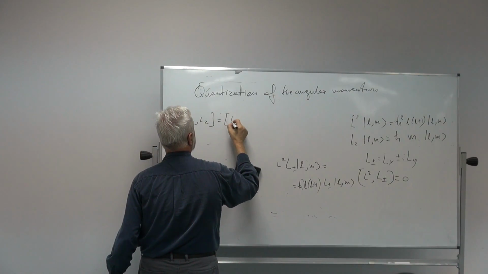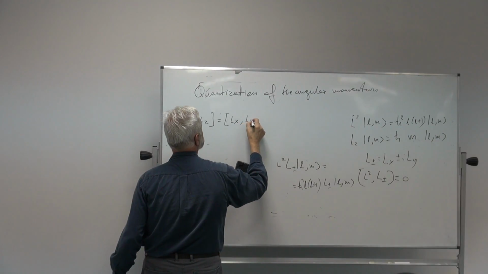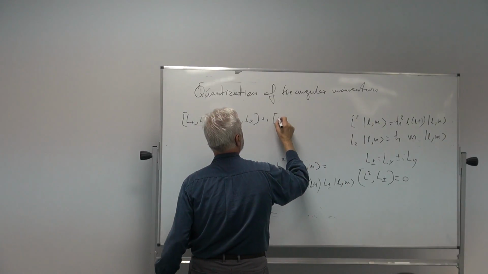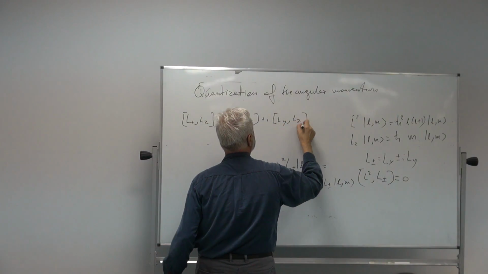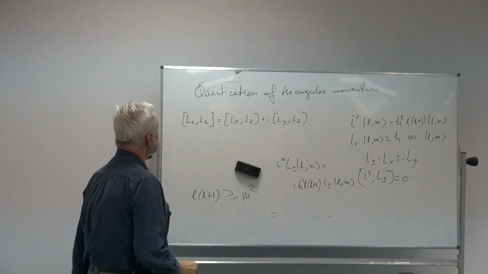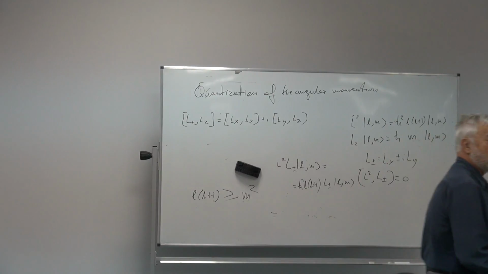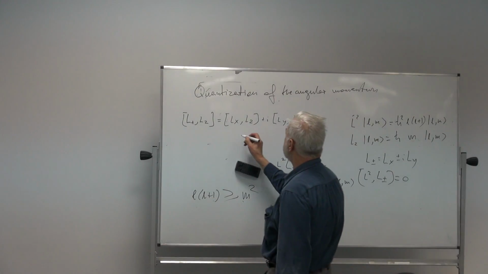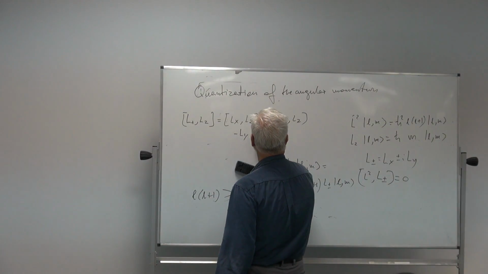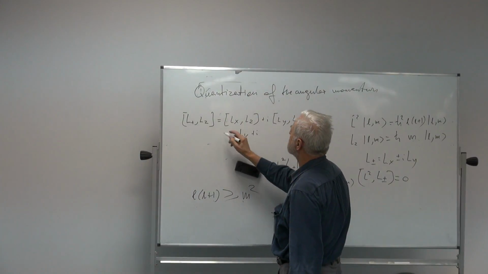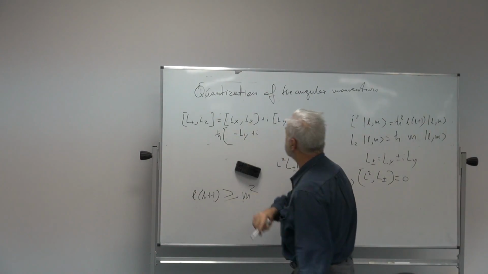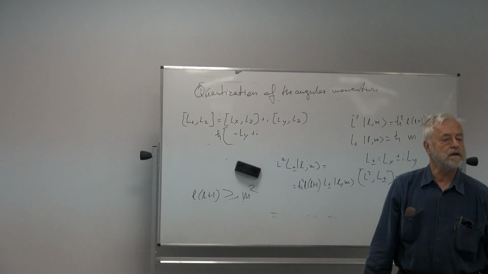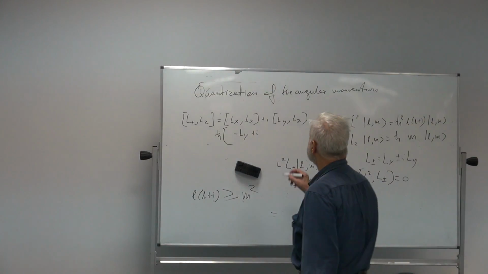So this is the same as Lx Lz plus I Ly Lz. Yes? Now, what is the first one? Of course, it's proportional to Ly, but with what sign? Minus. Very good. So it is minus Ly plus I, and of course h bar is in front of everything. And Ly Lz, what is it? Plus Lx. Plus Lx, yes?